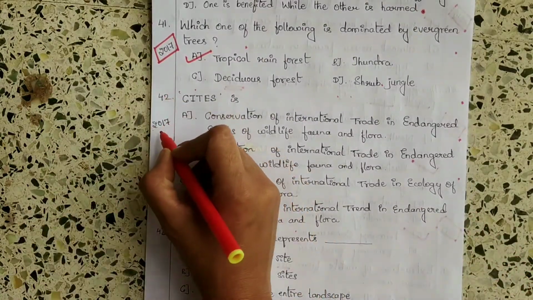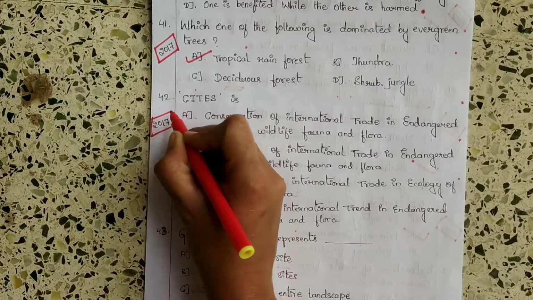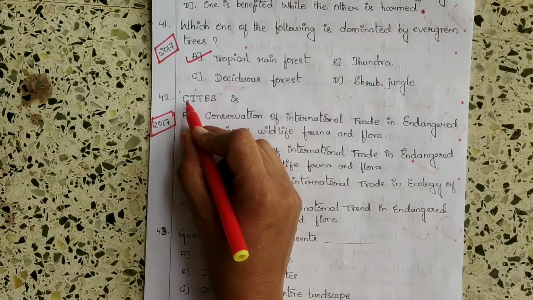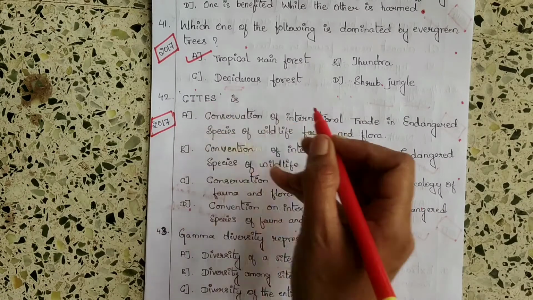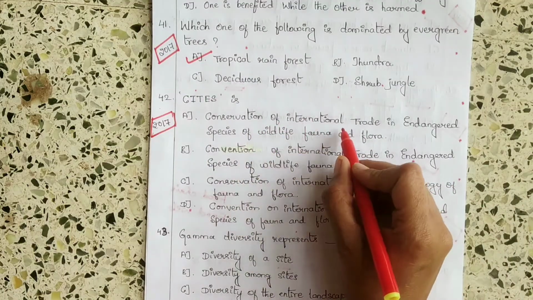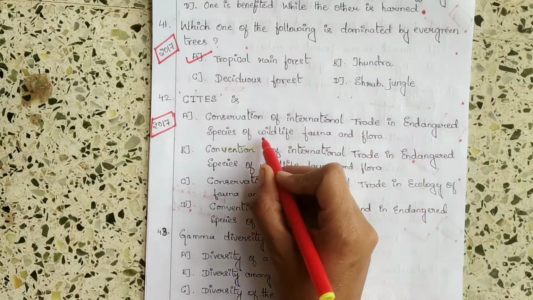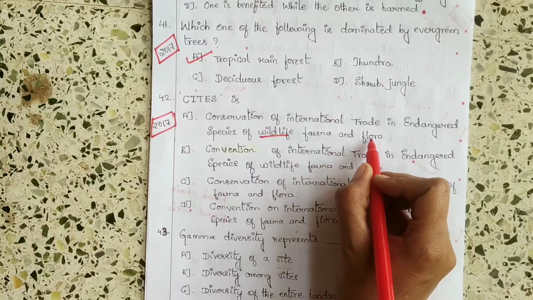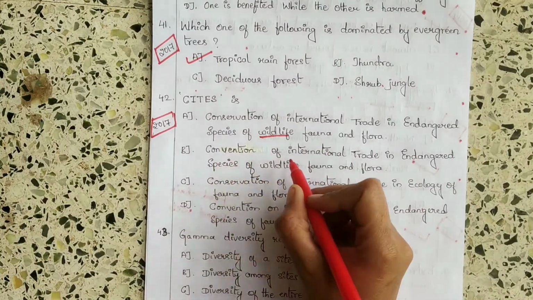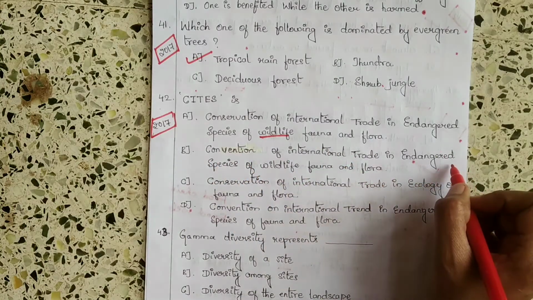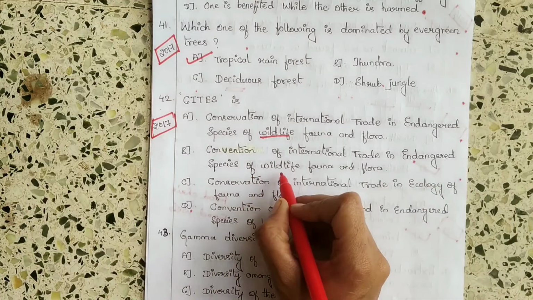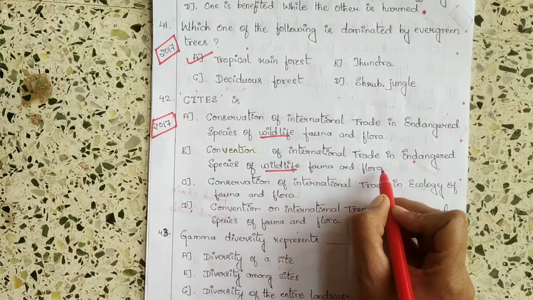So 42nd question, which is asked in the year 2017. CITES is what they are asking. Option A, conservation of international trade in endangered species of wildlife, fauna and flora. Option B, convention of international trade in endangered species of wildlife, fauna and flora.